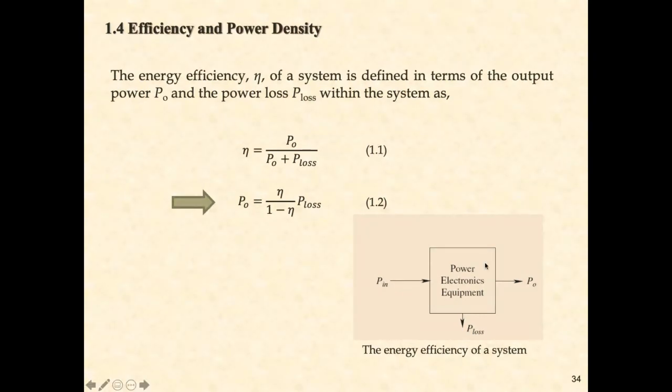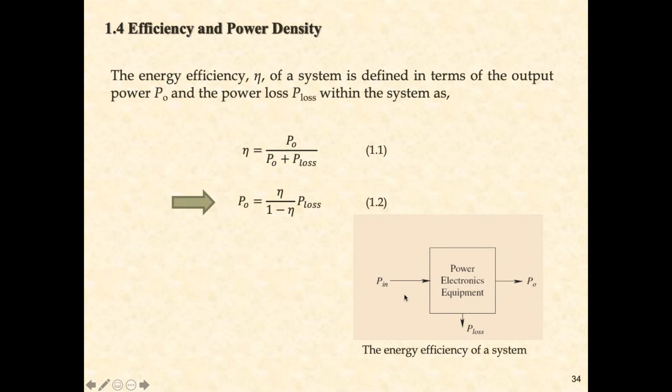So we have the input and also the output. For all devices in practice, there should be some power loss, right? So the relationship here is very simple. Input power should be equal to output power plus power loss.